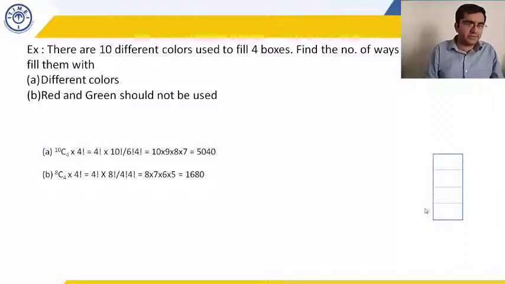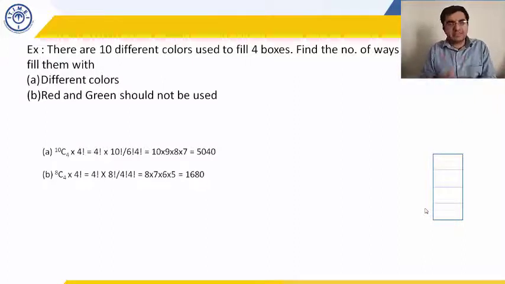So I'm just going to quickly repeat. We looked at the fundamental rule of counting, and we saw that selection and arrangement together can be solved in a particular way when we discuss this question. Now we are solving this question in a different way by doing selection first and arrangements next.